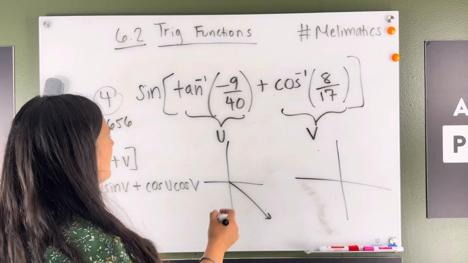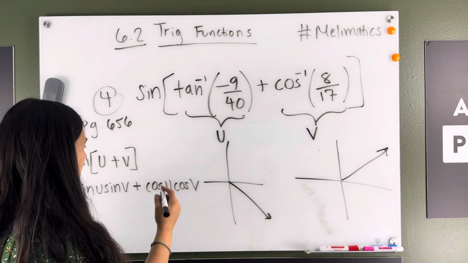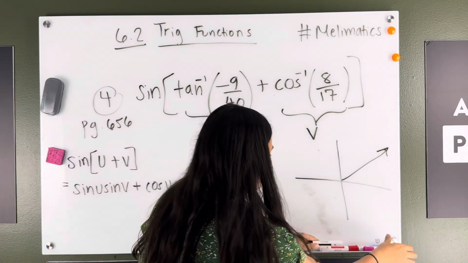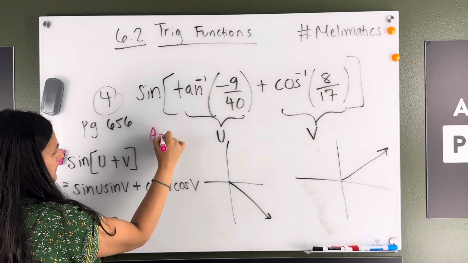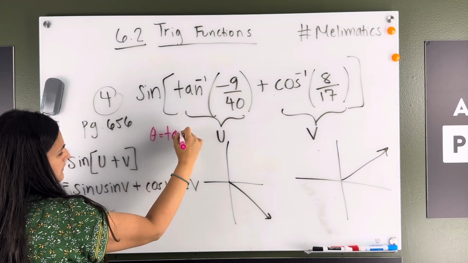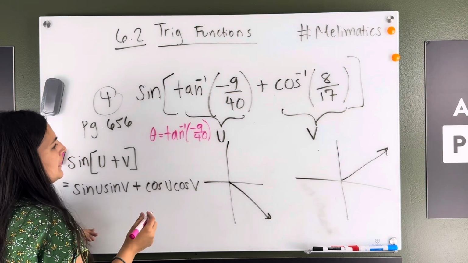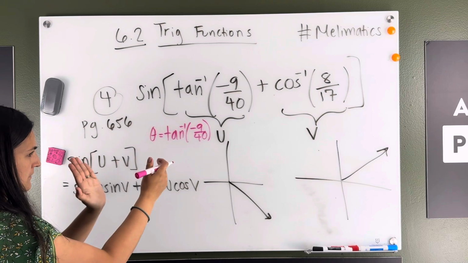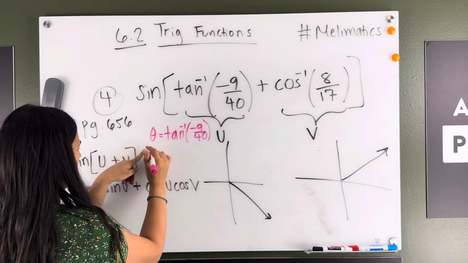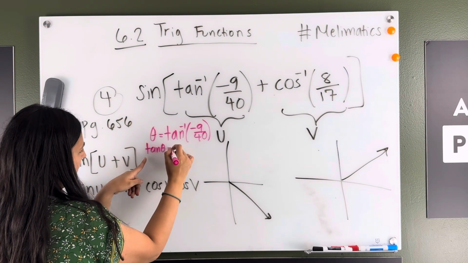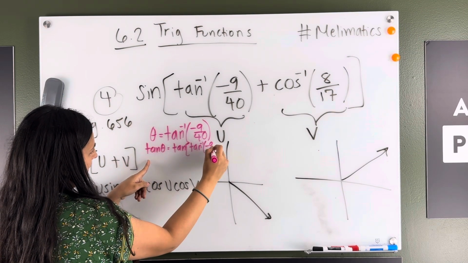Okay, so now let's go ahead and label. Let me use a different marker. We're going to let theta equal this guy just like we did in the last section. And then again, if you were to take the tangent of both sides, you get the tangent of theta equals the tangent of arctangent of negative 9 over 40.